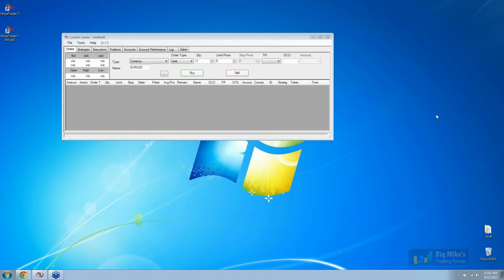We want to protect our money, essentially. And that's basically what I want to present here today, on how we can do that in NinjaTrader.